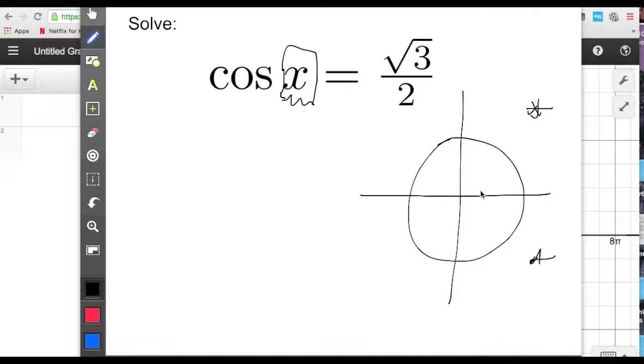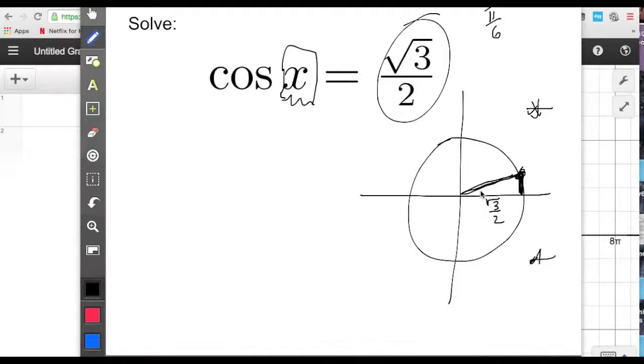So what I'm going to do is draw a long x value and a short y value. There's a long x value right there that meets the unit circle. If that was root 3 over 2, what angle am I talking about right here? You might have a guess right off the bat that these root 3's over 2's and halves are associated with all of our pi over 6 type angles: pi over 6, 2 pi over 6, 3 pi over 6, and so on.